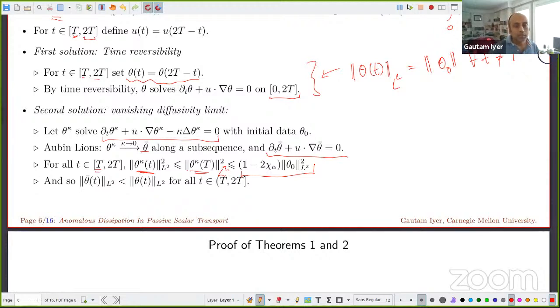So after time capital T, my diffusive solution has necessarily lost some energy. Of course the diffusive solution loses energy, but the point I wanted to make is that I've lost a certain amount of energy that's independent of kappa.